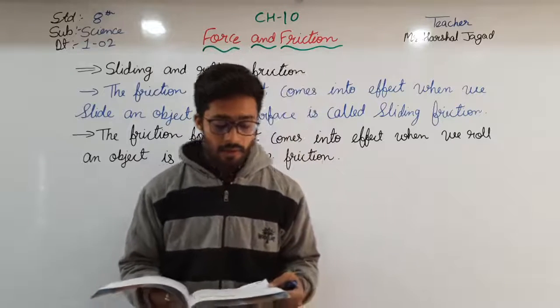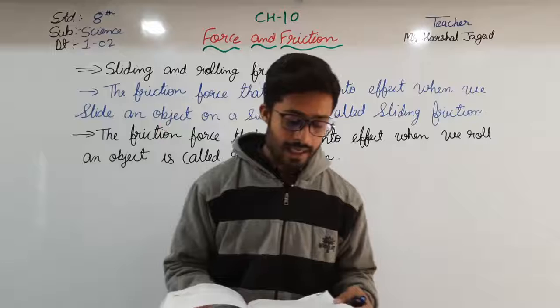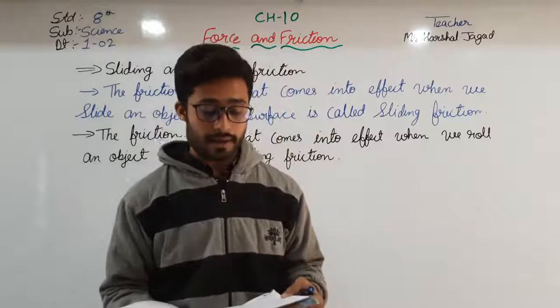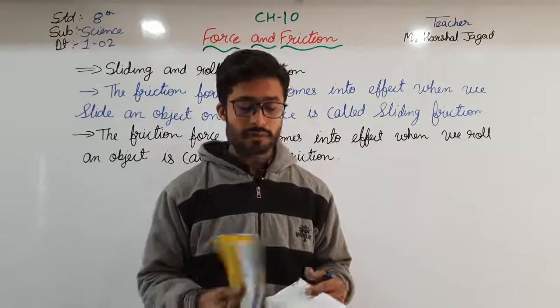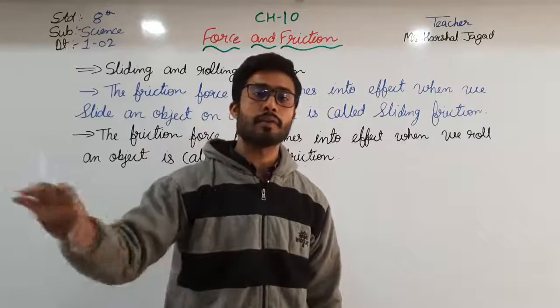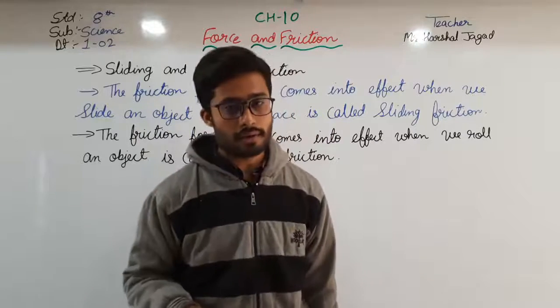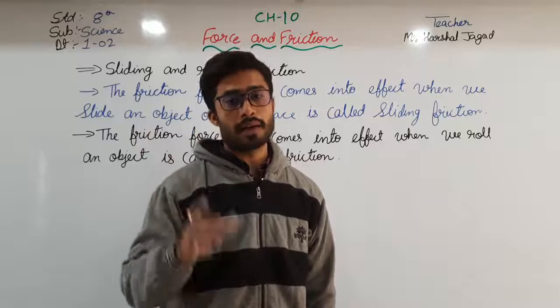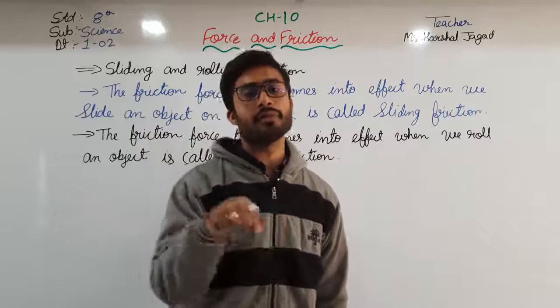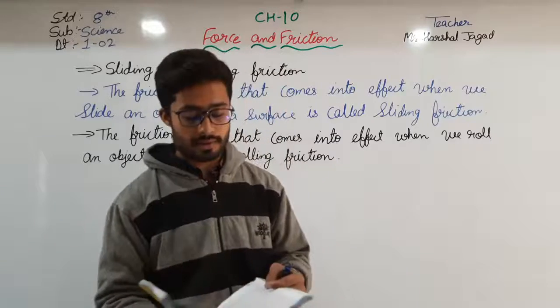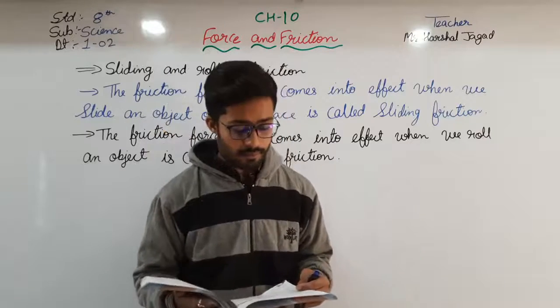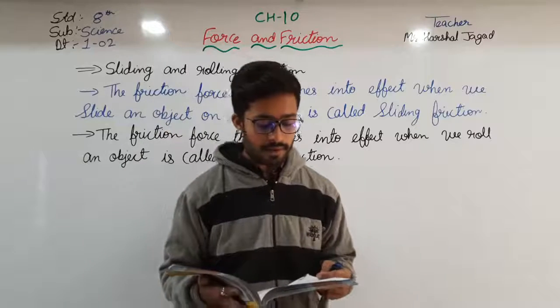Close the cap of the water bottle tightly and make sure the water does not leak, even if the bottle is horizontal. The vertical one is of sliding friction, and the horizontal one is of rolling friction.